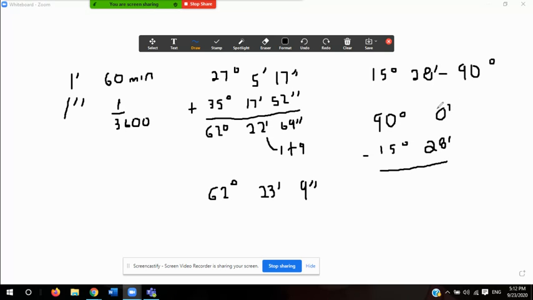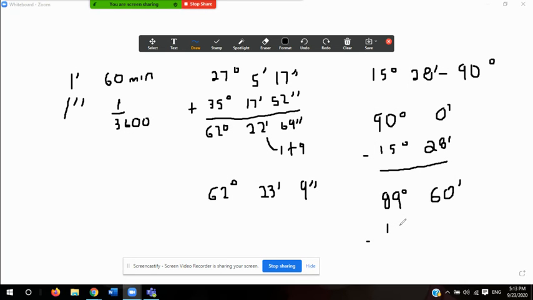I'm going to borrow from the 90 and turn that into 89 degrees. I borrowed an hour from the 90 degrees, and 1 hour has 60 minutes. So instead of 0, I turn that into 60. Now I can just subtract from 15 degrees and 28 minutes.